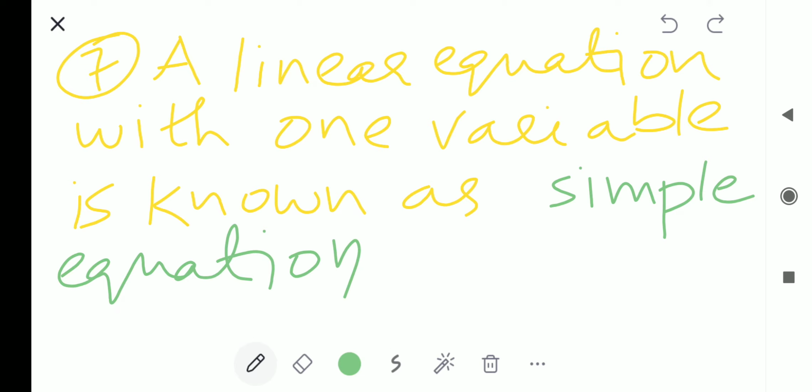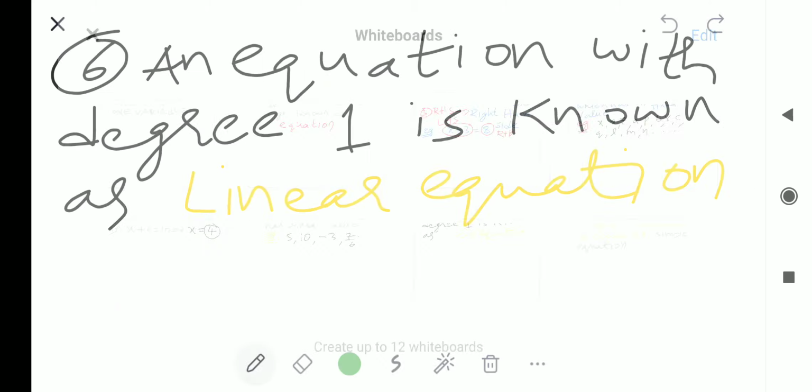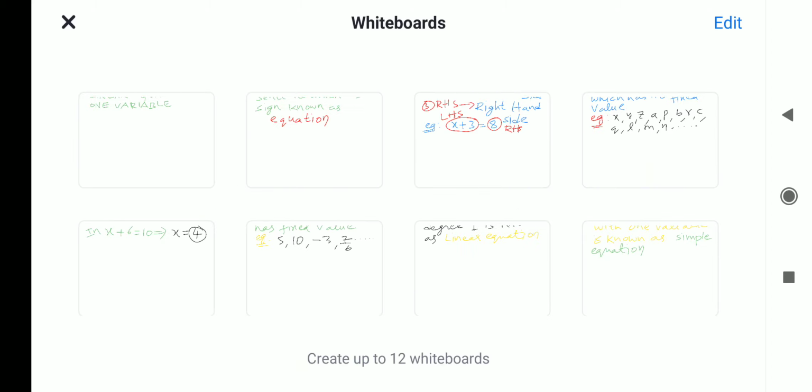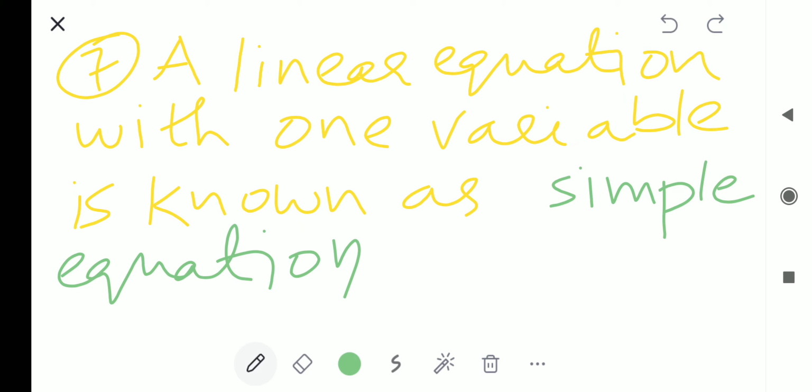Okay, children? Once again, an equation with degree 1 is known as a linear equation. A linear equation with one variable is known as a simple equation.